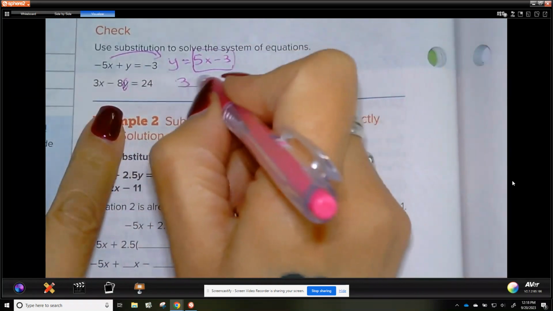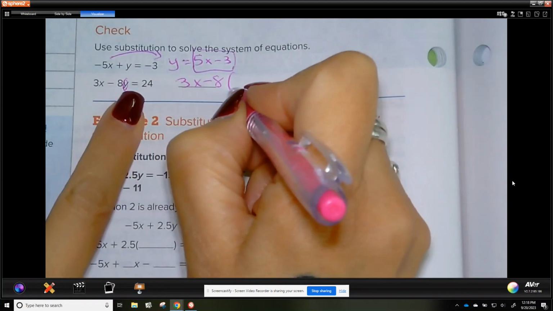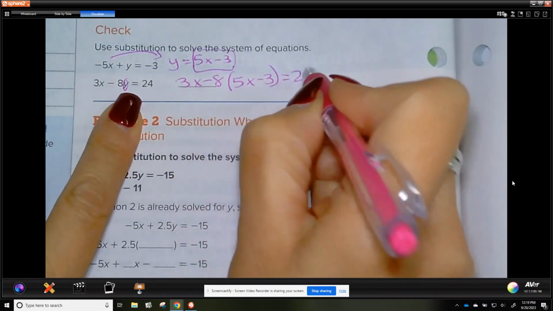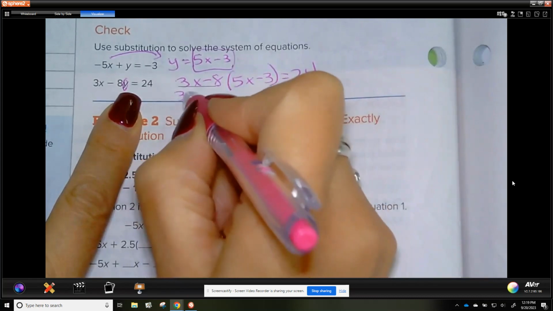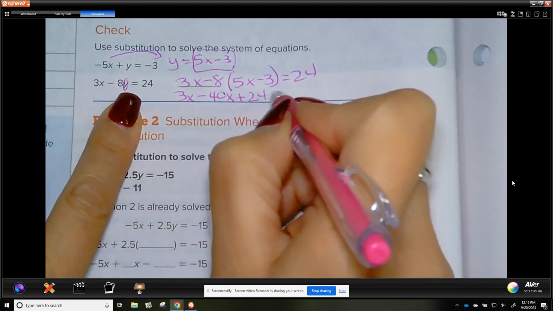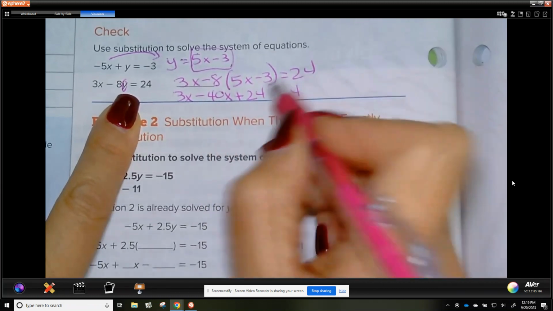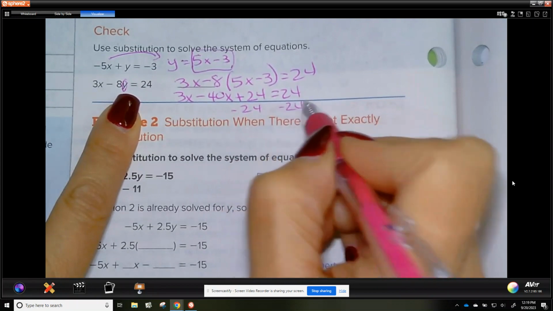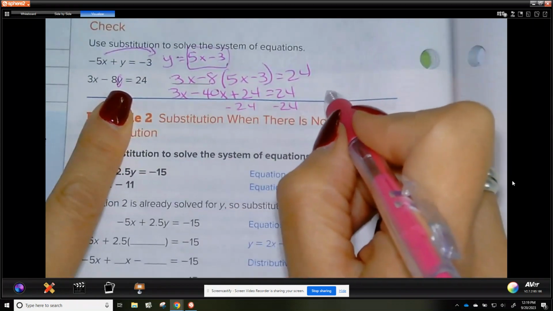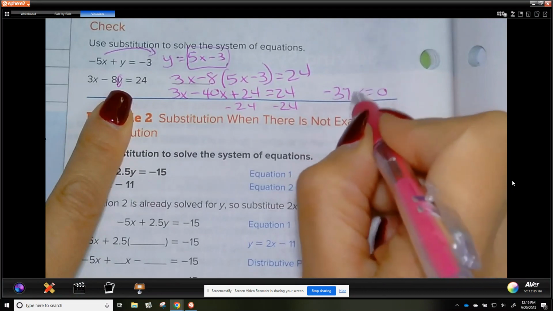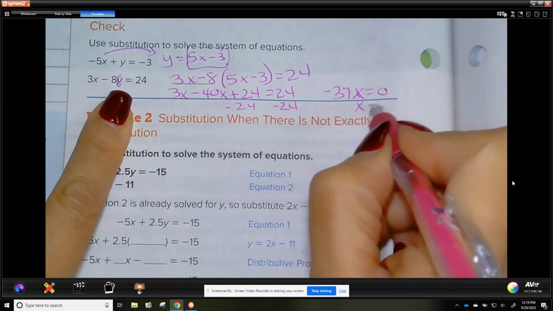I'm going to get 3x minus 8 times y, but y is 5x minus 3, equals 24. 3x minus 40x plus 24 equals 24. Now when I subtract 24 from both sides, I get -37x equals 0. So the only value x could be is 0.